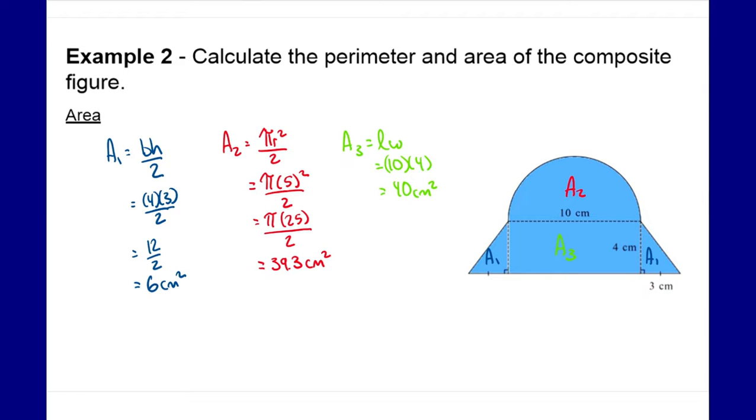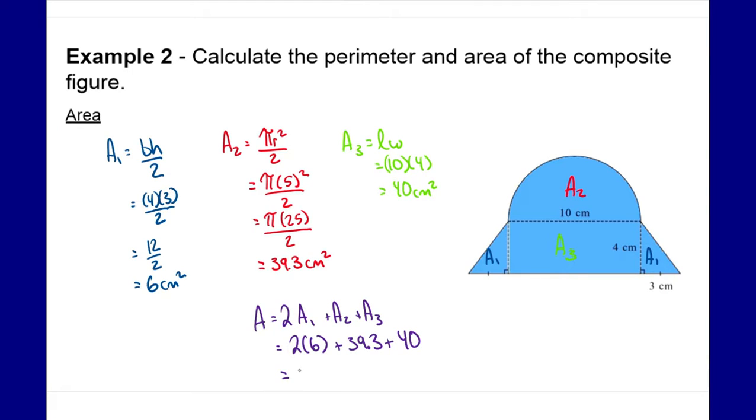Once I have all of those, now I can go through and just add up my different areas. So the area total, let's use a different color, use purple. So area total is going to equal 2 times the area 1, because I have 2 of those triangles, plus area 2 plus area 3. So 2 times 6 plus 39.3 plus 40.